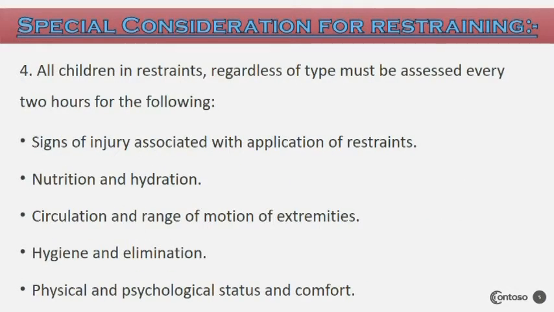4. All children in restraints, regardless of type, must be assessed every 2 hours for the following: signs of injury associated with application of restraints, nutrition and hydration, which is very important, circulation and range of motion of extremities, hygiene and elimination, and physical and psychological status and comfort of the child.